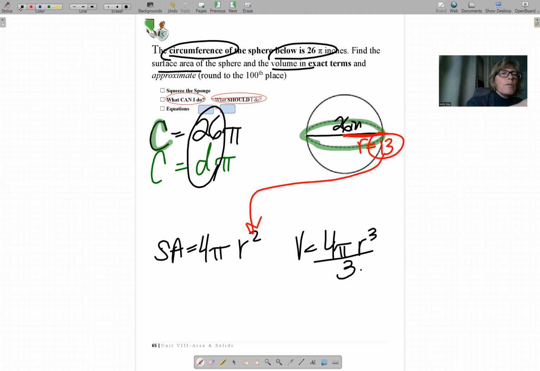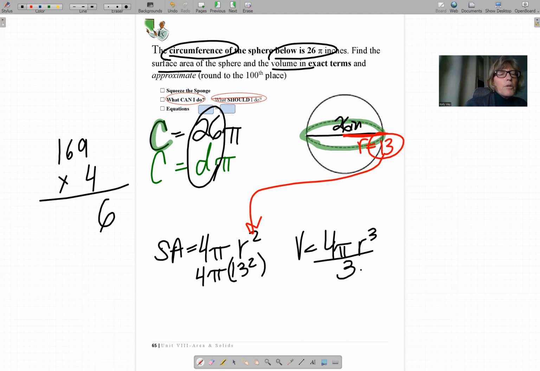Bring it down here. We have 4 pi 13 squared. You should know your squares at least through 15. That's 169. So we're going to go 4 times 169. 4 times 9 is 36, carry the 3. 4 times 6, that's 24, 25, 26, 27.